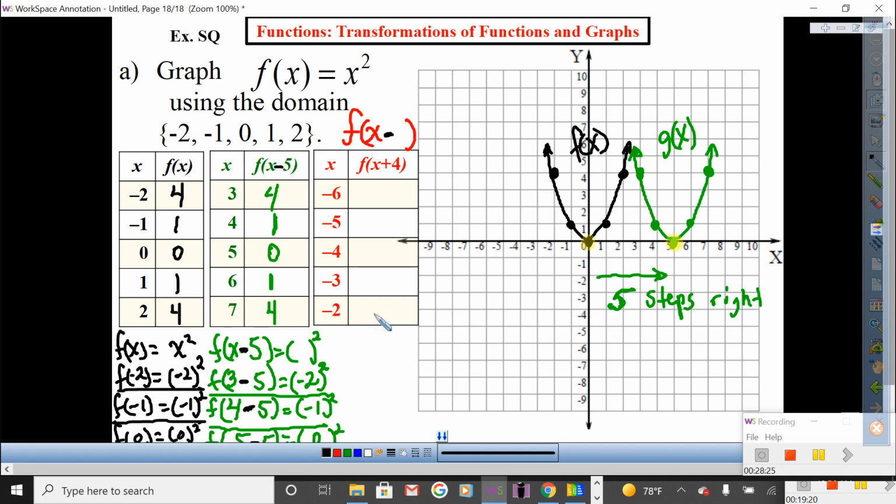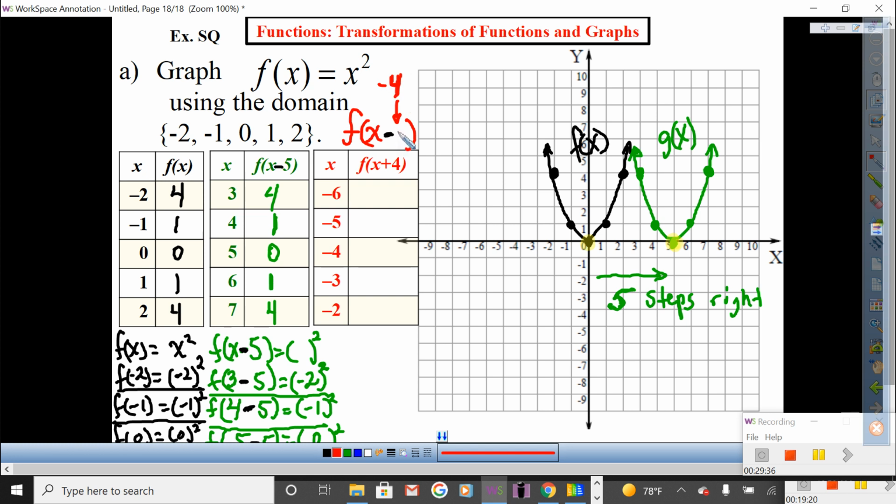Alright. Let's see. Sky, what would we need to substitute in there, in here, that then it's going to become a plus 4? Negative 4. Yeah, let's see.